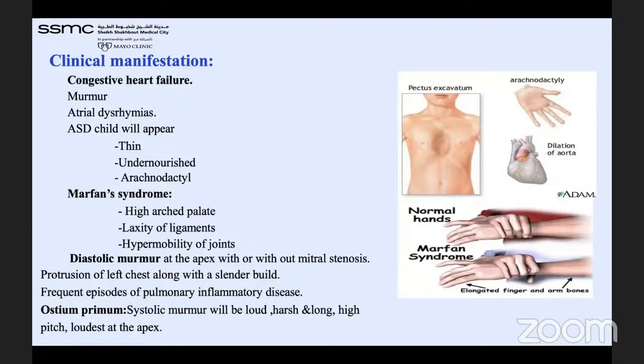Clinical manifestations are many. Mostly they happen if it continues and is not closed by itself in later life.